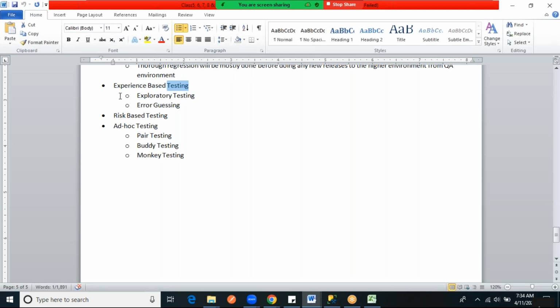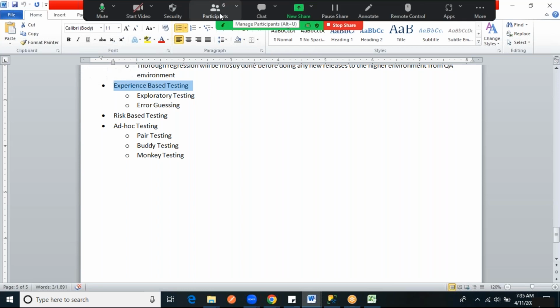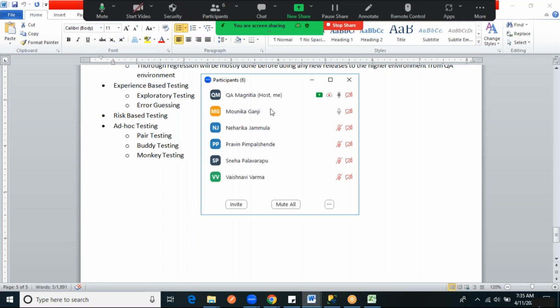No. Which type of application, which area of the application, which domain of the application you are testing currently. If you have experience in testing the same sort of application, a similar sort of application in your previous experience, then you will be selected as an experienced tester for that project.